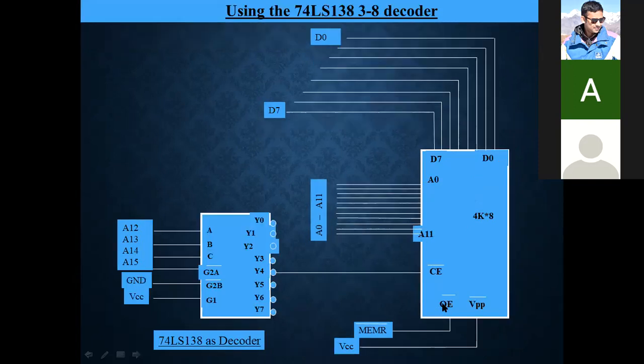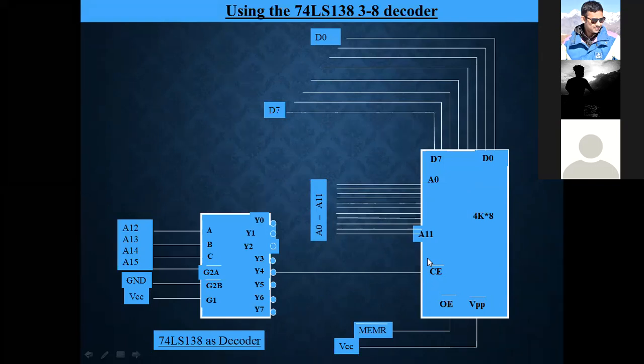Now we are coming to this particular interfacing. Can you tell me what this is, RAM or ROM? Sorry, sir, ROM. Why?